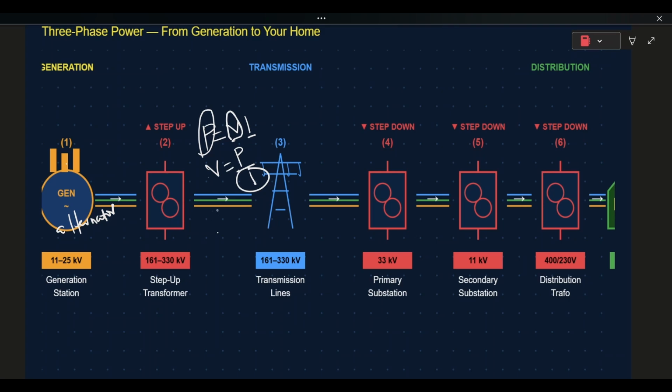Then when this stepped-up voltage is transferred, it goes to our primary stations. At the primary station, it is stepped down and further stepped down again at the secondary stations, then stepped down to our neighboring pole-mounted transformers, which are the PMTs, or the ground-mounted transformers, which then supply power to our homes.